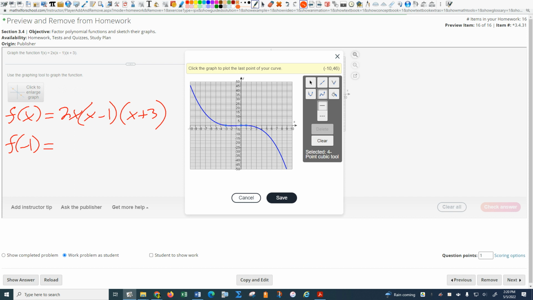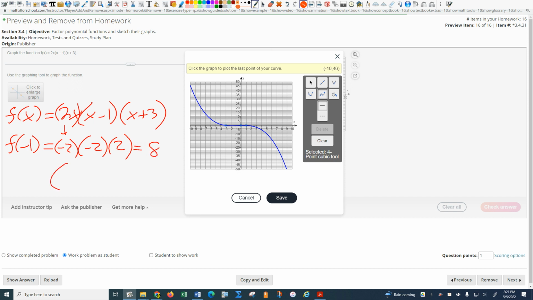What's 2x if I'm evaluating this at x equals -1? 2 times -1. If I put parentheses around that to section it off, that's going to give me -2, right? What's -1 minus 1? -2. Okay, and what's -1 plus 3? 2. So if I multiply all those together, -2 times -2 is 4, times 2 is 8.